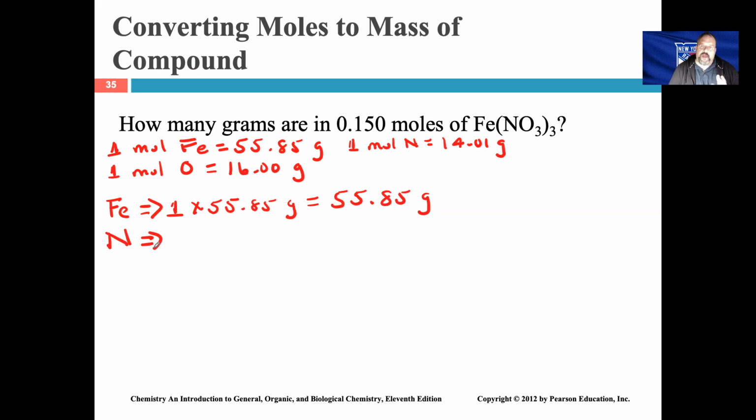So since we have NO3 3 times, we're going to have 3 moles of nitrogen. In this case, if you wanted to refer to that as nitrogen atoms, that would absolutely be okay. Times 14.01 grams. So its contribution to the overall molar mass is 42.03 grams.